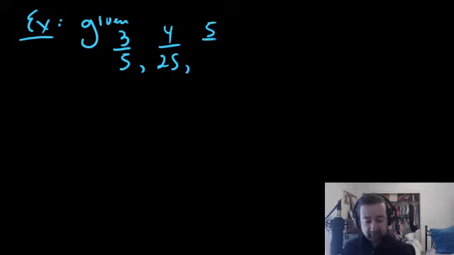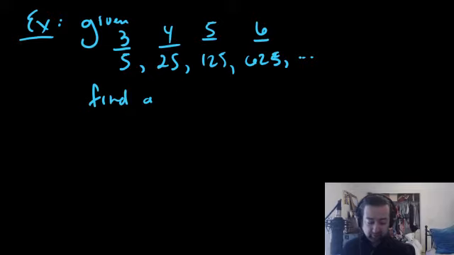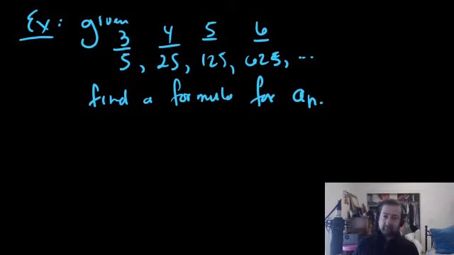But as an example, I might say go the other direction. Given a sequence 3/5, 4/25, 5/125, 6/625, find a formula for a_n.